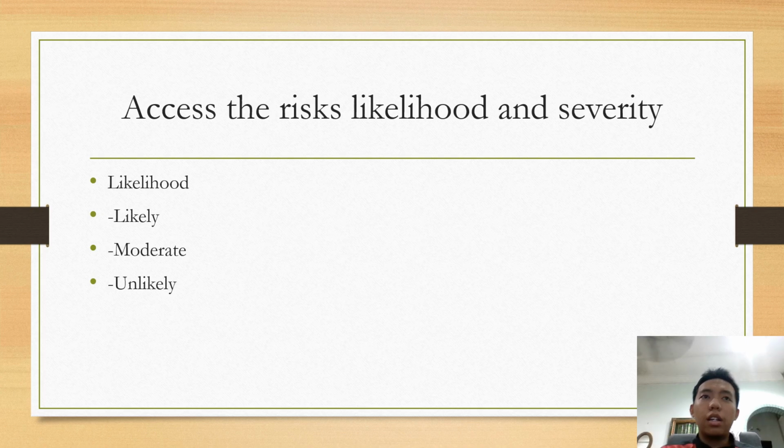What is likelihood? Likelihood has three categories, which are likely, moderate and unlikely. What does likely mean? Likely means common or repeated occurrences that have happened several times. Moderate is the possibility that the halal status might be affected sometimes.